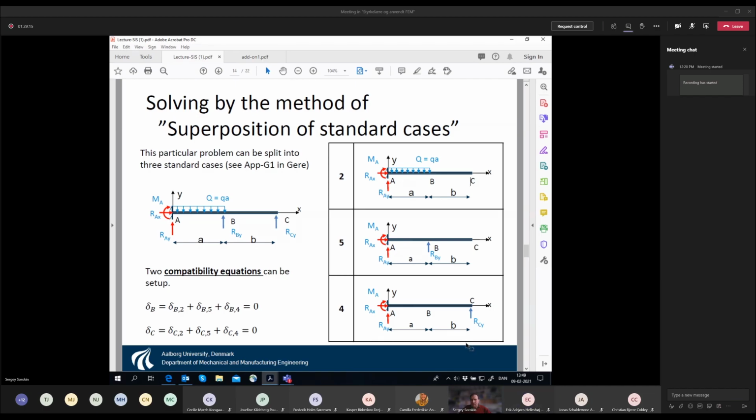So if you have three forces acting together, the end result is the sum of the actions of these forces one by one, independently of each other. And this is exactly what is called superposition. Make sense?